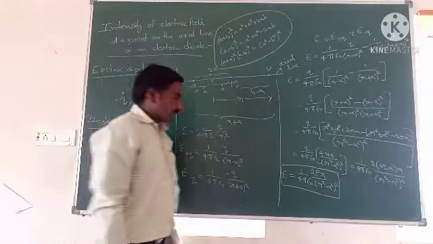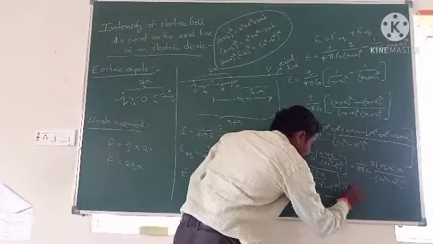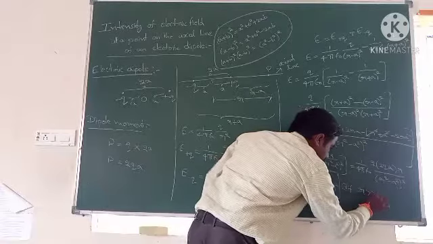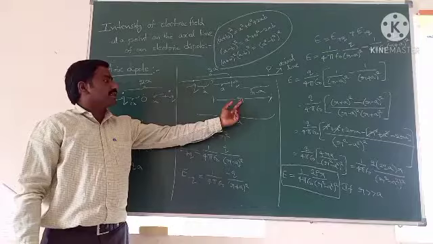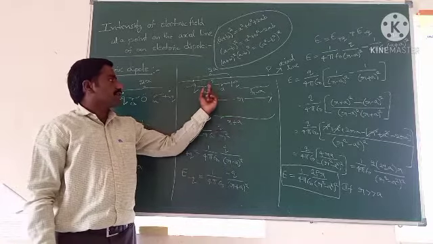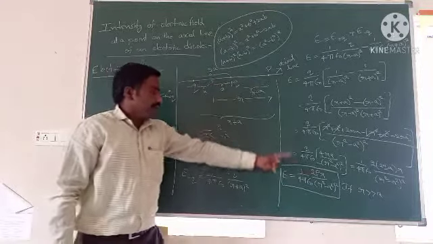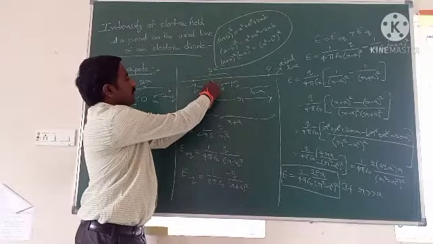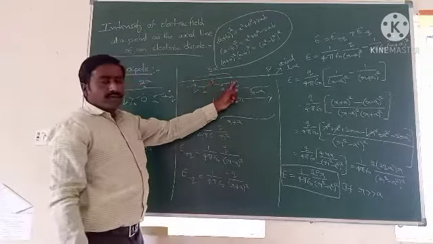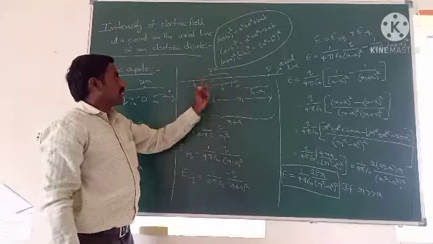Here one more condition: if r is greater than a. What is r? r is the distance between the center of the dipole and point P. What is a? a is the distance from the center of the dipole to one charge, either this side or this side.